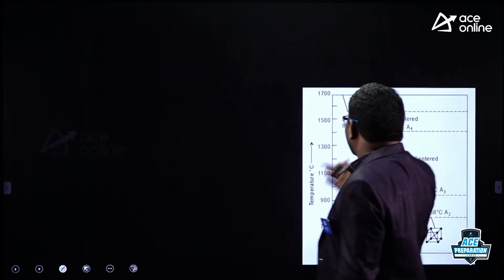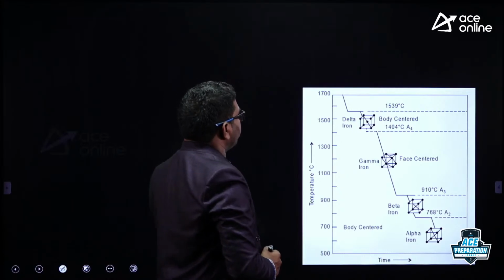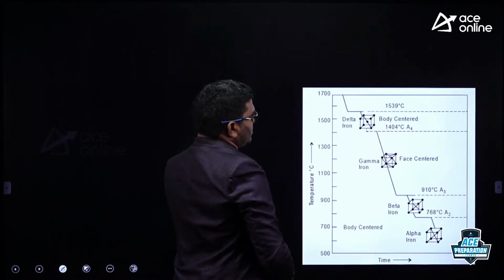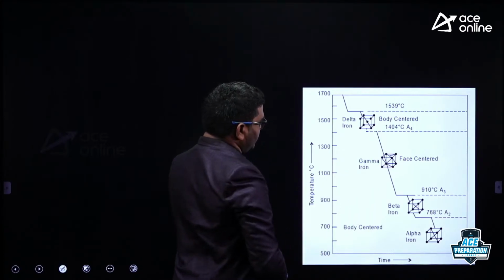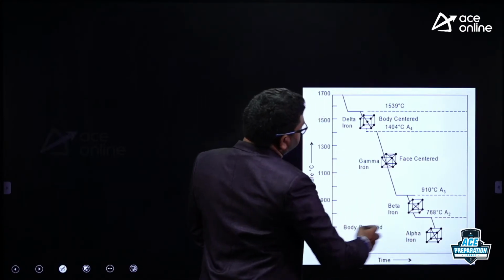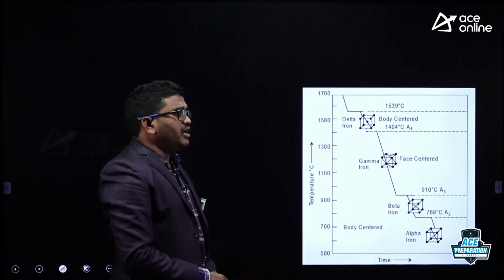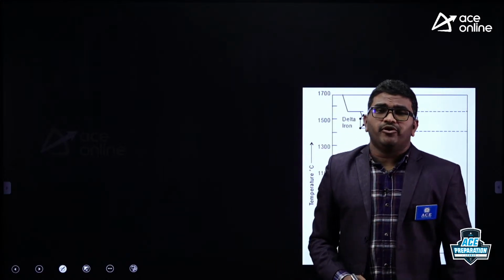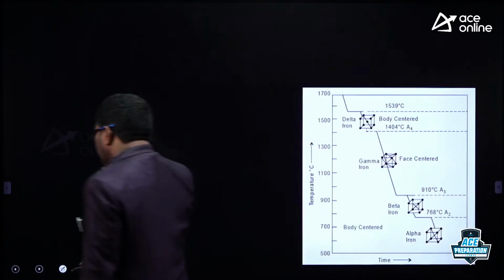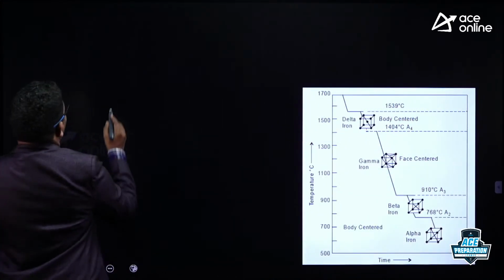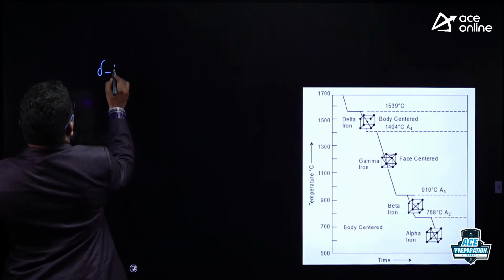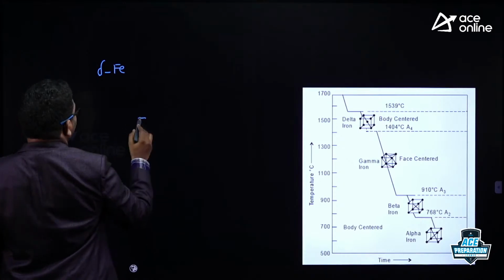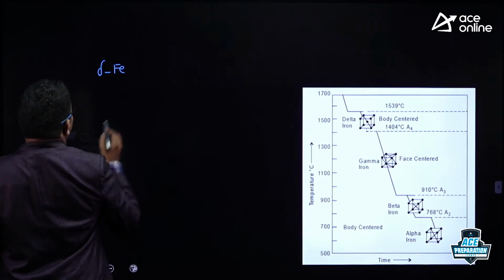Now, see here, I gave a chart here. If you observe carefully, delta iron is BCC structure, gamma iron is FCC structure, and alpha iron is again a BCC structure. This is very, very important for your exam. Delta iron is a BCC structure.